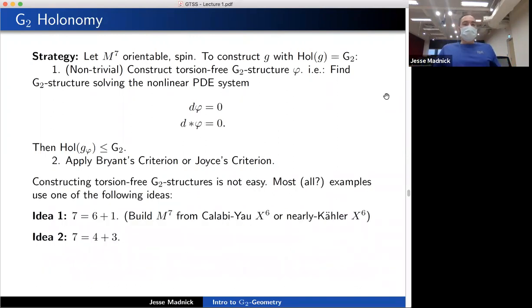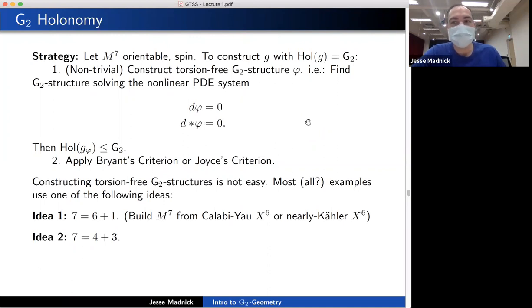Now, as far as solving this PDE system, this is not easy. It's been done in many cases, but it's certainly not a trivial thing to do. Pretty much all of the examples come from one of two ideas. One is that 7 equals 6 plus 1, and the other is that 7 equals 4 plus 3.